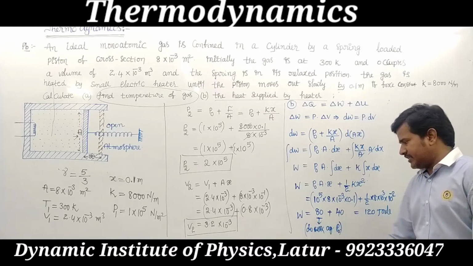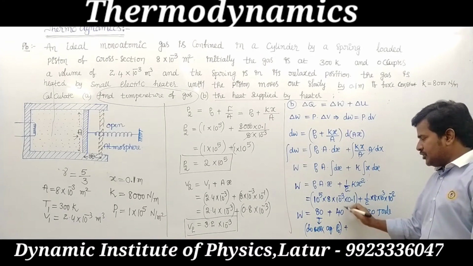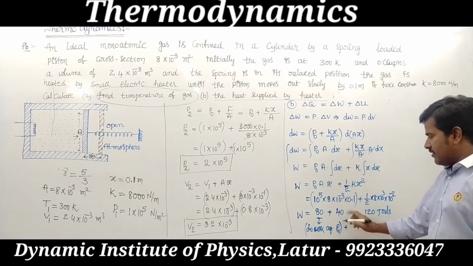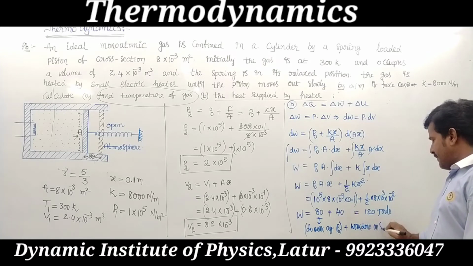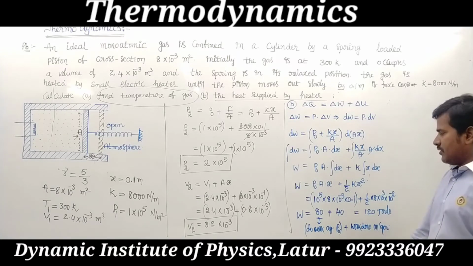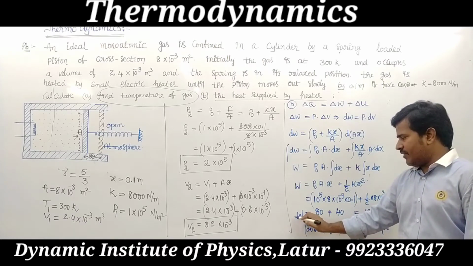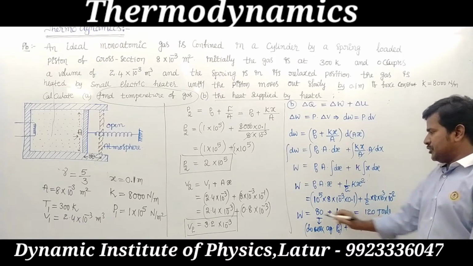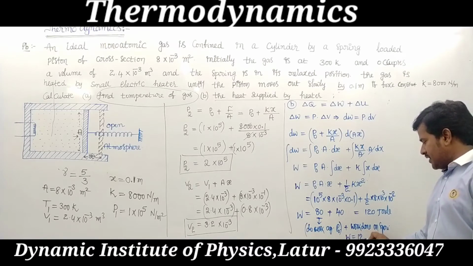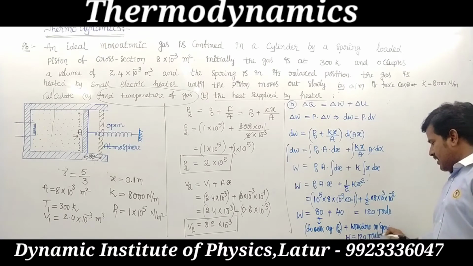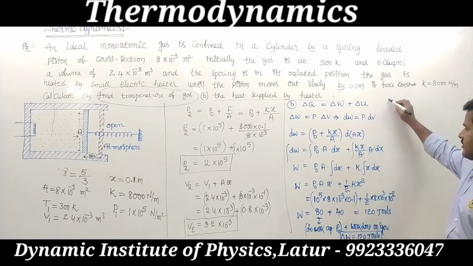And 40 joule is the work done on the spring, that is 40 joule. The total work done is written as 120 joule. So delta W equals 120 joule. This is the total work.